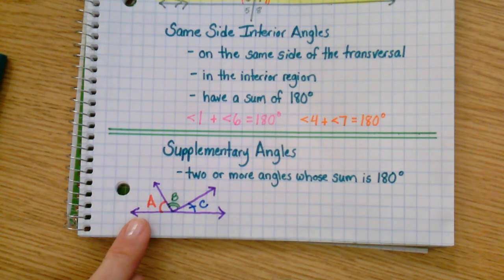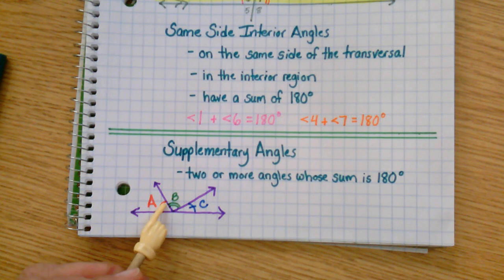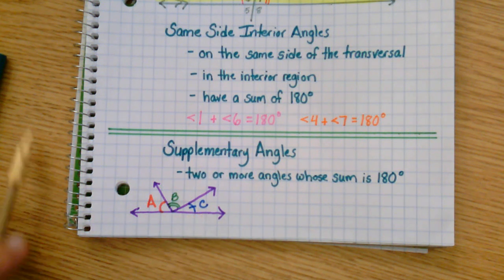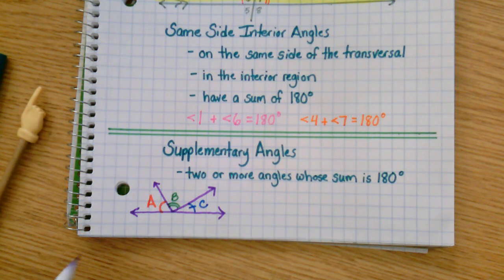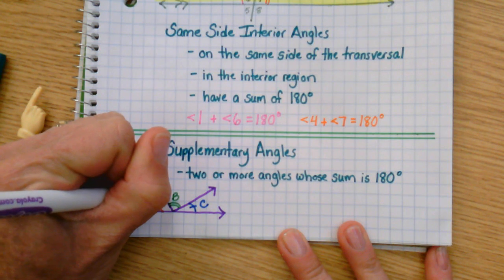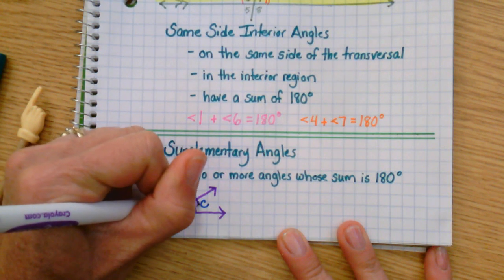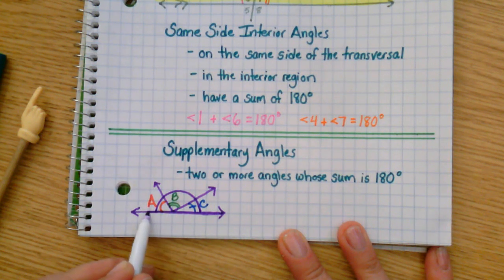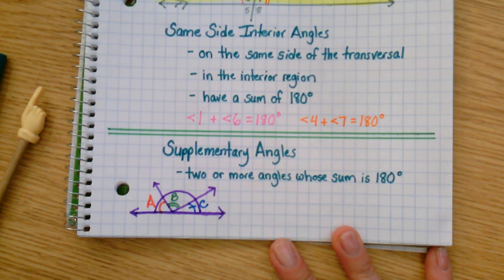If you look at this first diagram here, we have 3 different angles. Angle A is indicated by this red mark here. Angle B is in the middle. And then we have angle C, the one with the blue writing. So all 3 of these angles together make up this entire angle that goes all the way around, or creates this straight angle, which is 180 degrees.